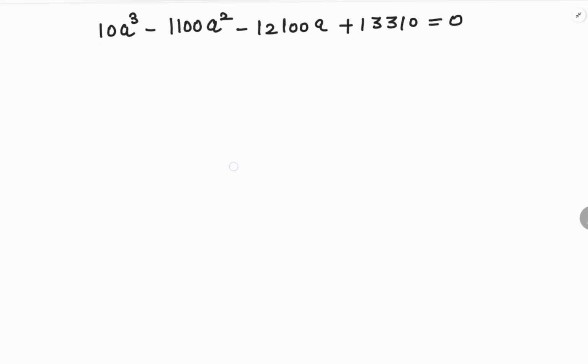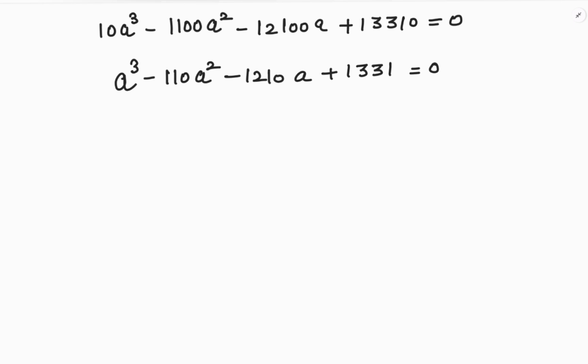And as we can see, we can take 10 common from all the terms, and it will become a cube minus 110a square minus 1210a plus 1331 is equal to 0. Now look at it carefully, this equation is a cubic equation.